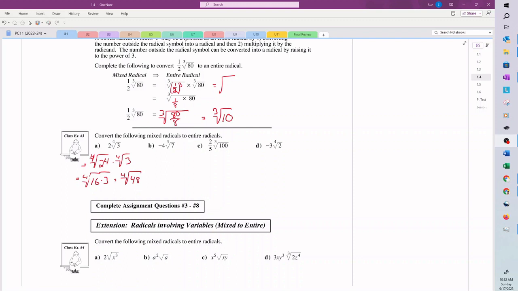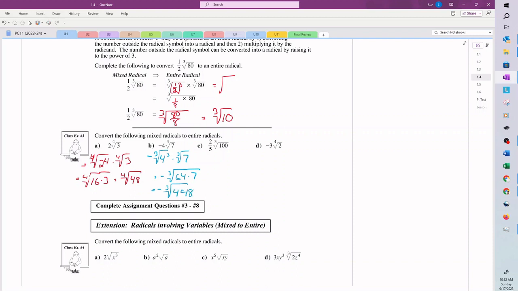Okay, so this is a cube root, so we can put the negative sign inside, but we don't have to. So we'll do it both ways. We'll leave it outside for now. So this is going to be negative the cube root of 4 cubed times the cube root of 7, which is negative the cube root of 64 times 7, which is negative the cube root of 448.